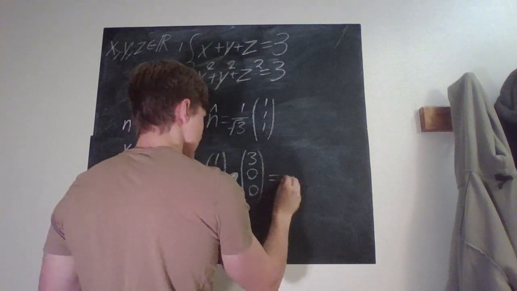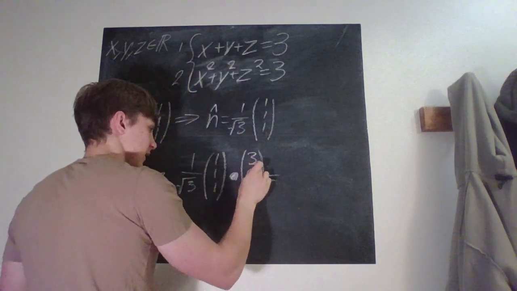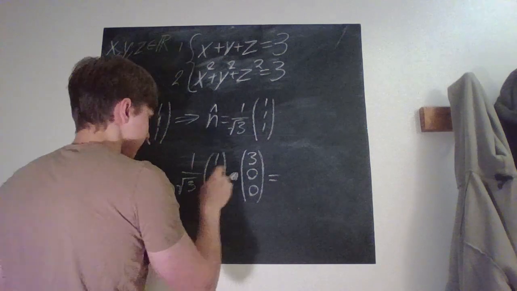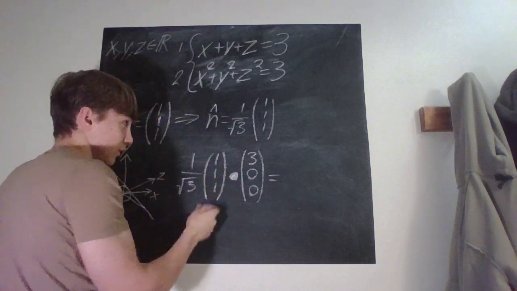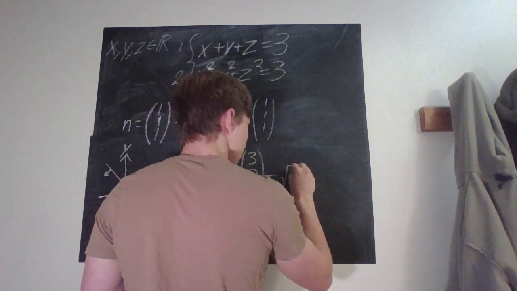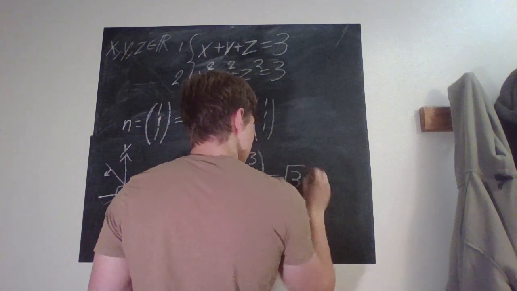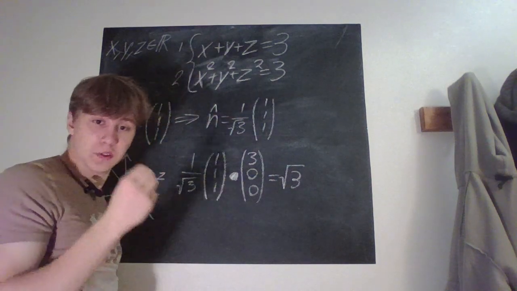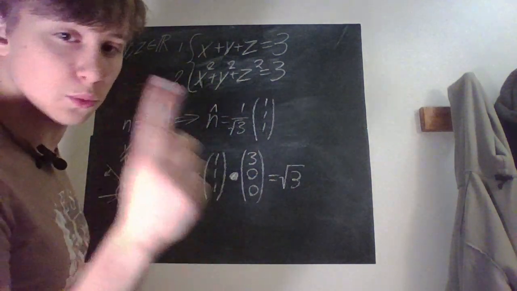And what is this? This is just 3, plus 0, plus 0, and then 3 over square root of 3, that is just equal to the square root of 3. And therefore, it's tangential. And there's only one solution.